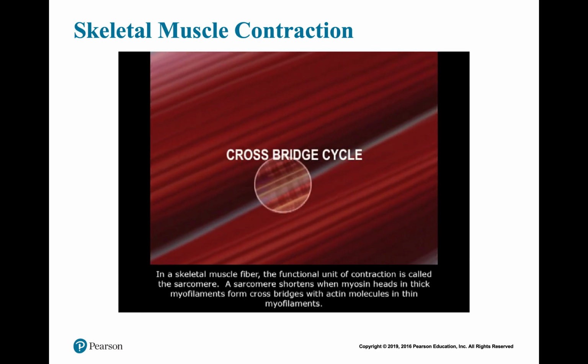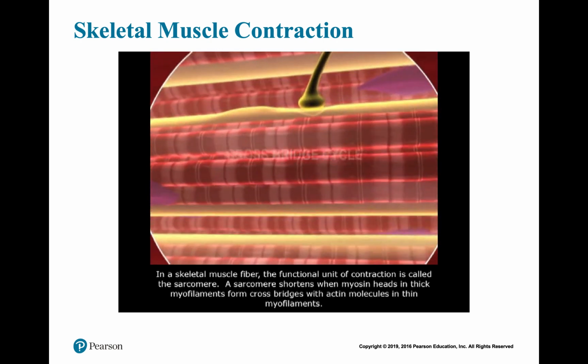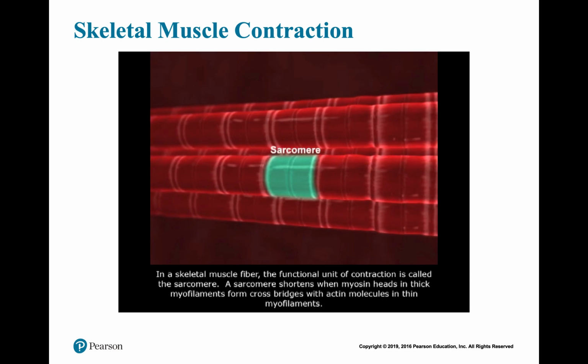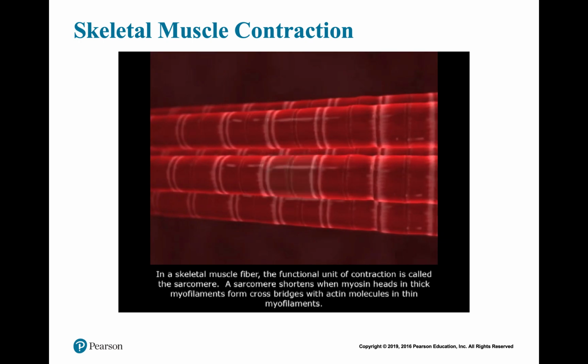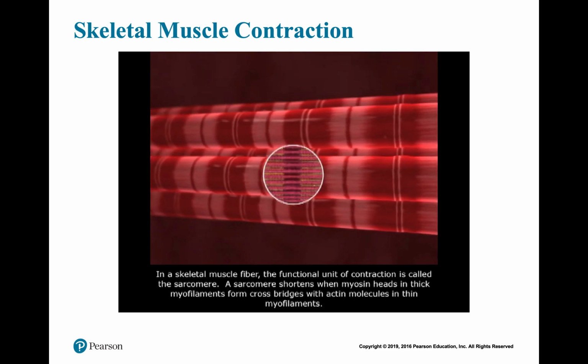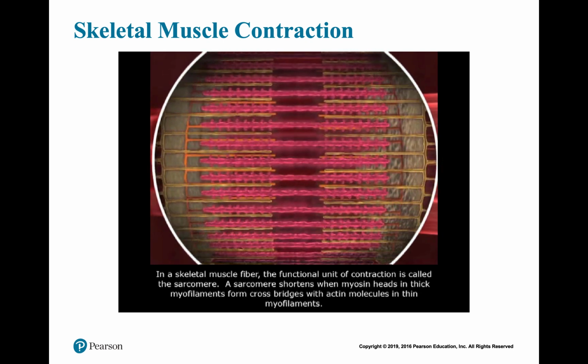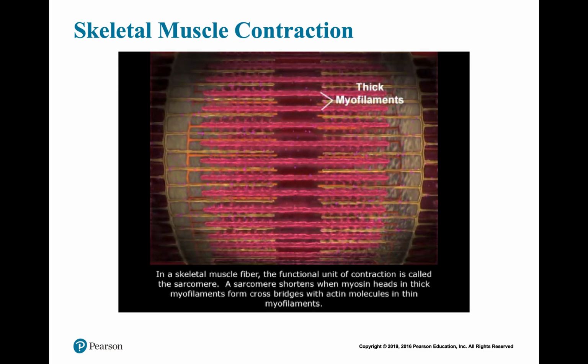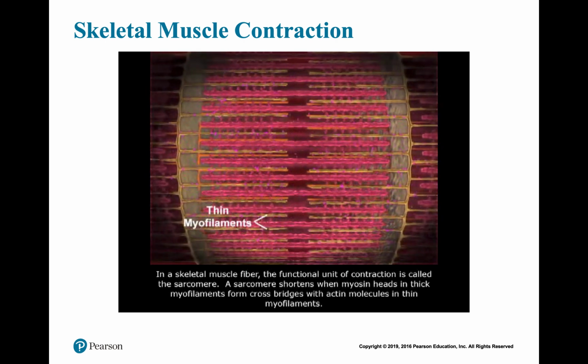In a skeletal muscle fiber, the functional unit of contraction is called the sarcomere. A sarcomere shortens when myosin heads in thick myofilaments form cross bridges with actin molecules in thin myofilaments.